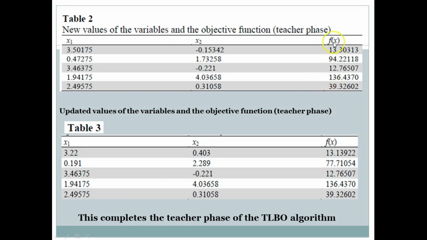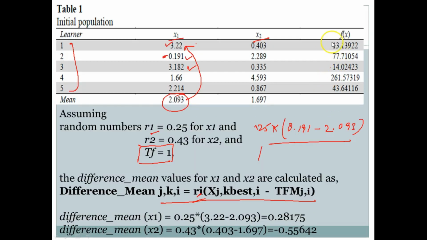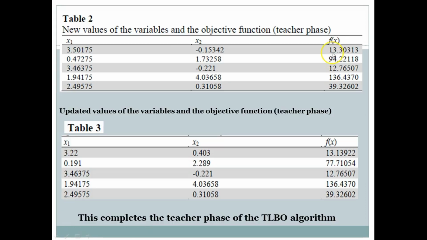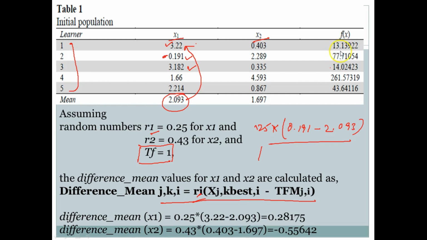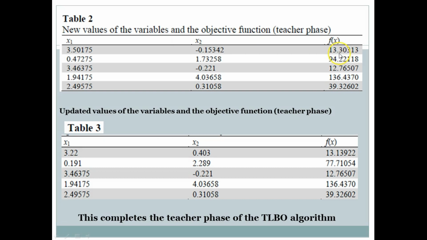So if you look at this, these are the new values, and these are the previous values. Here you can compare with the new values of x1 and x2. We have the objective function value 13.3, but the previous one was 13.13. So 13.13 is better than 13.3, so we will not take the new values of x1 and x2 because this is not going to improve the function.